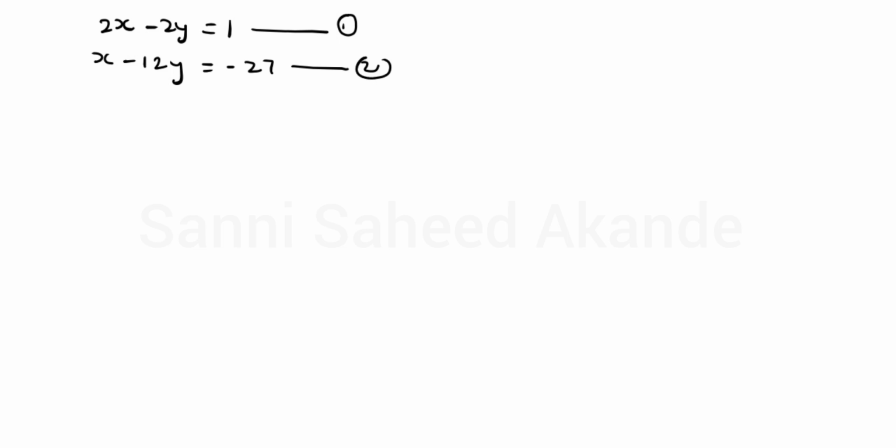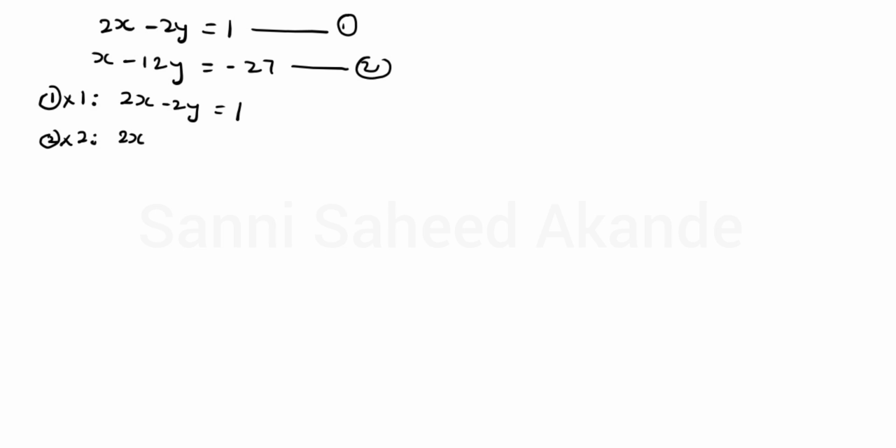So that I will have a common coefficient for x, so that I can eliminate x, I'm going to multiply equation 1 by the coefficient of x in equation 2, which is 1. So multiplying equation 1 by 1, I will have 2x minus 2y equal to 1. Also, I'm going to multiply equation 2 by the coefficient of x in equation 1, which is 2. So multiplying equation 2 by 2, I will have 2 times x is 2x.